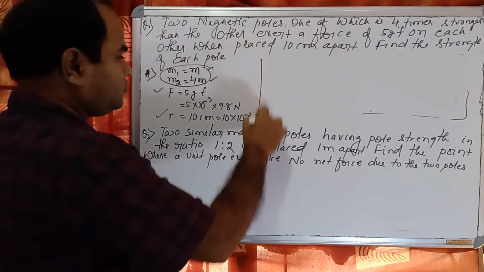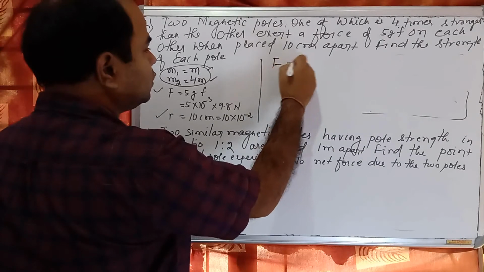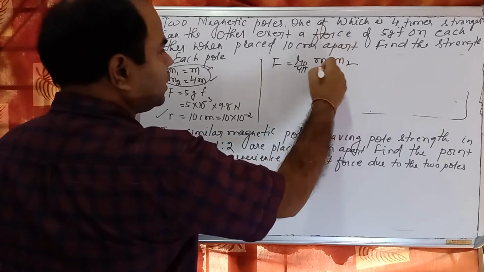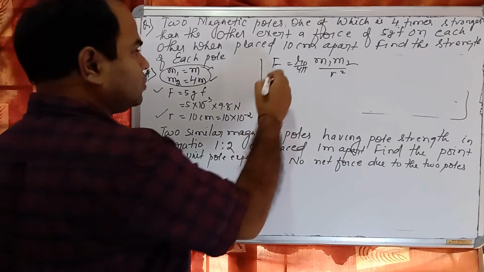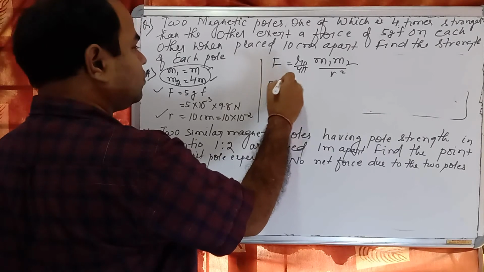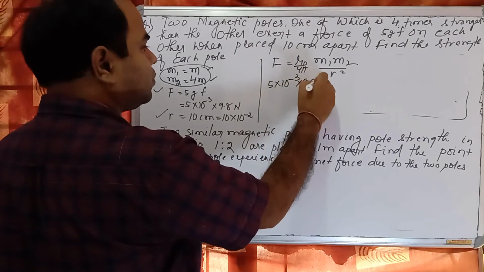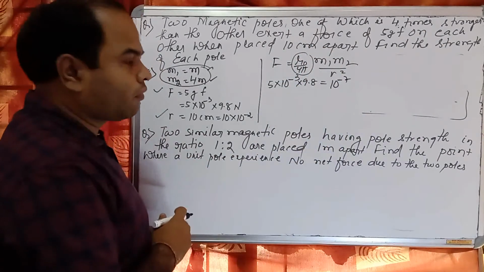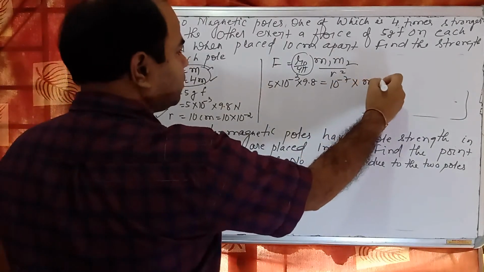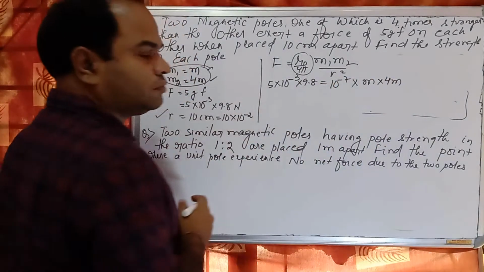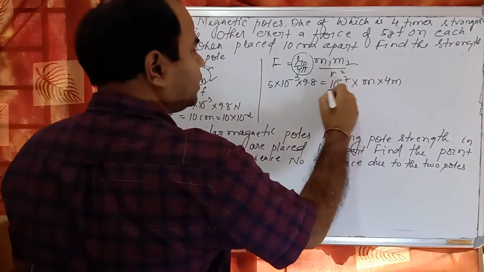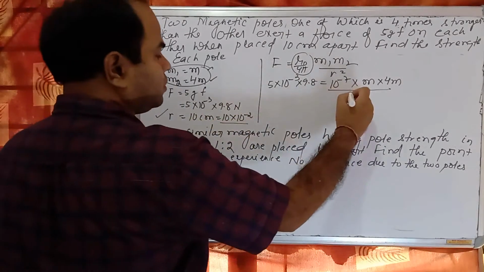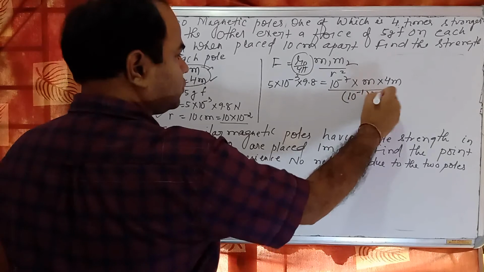So force is equal to mu naught by 4 pi, m1 m2 by r square. So that is 5 into 10 to the power minus 3 into 9.8 is equal to 10 to the power minus 7 into m, another is 4m, divided by 0.1 or 10 to the power minus 1 whole square.